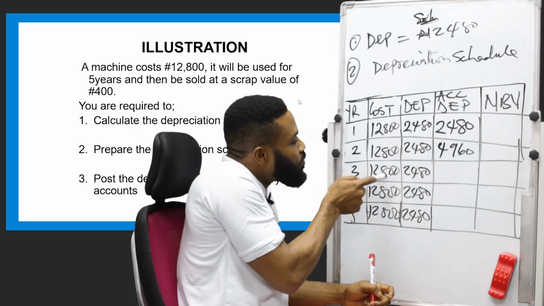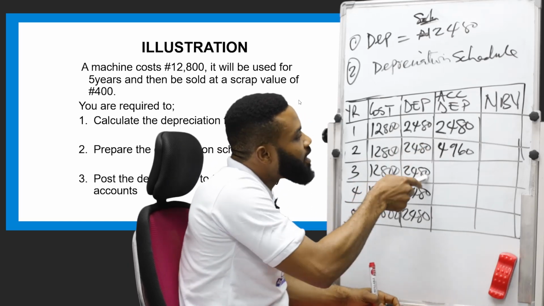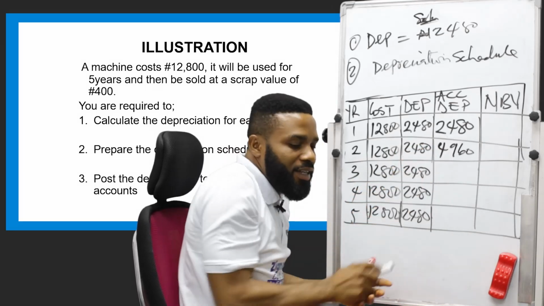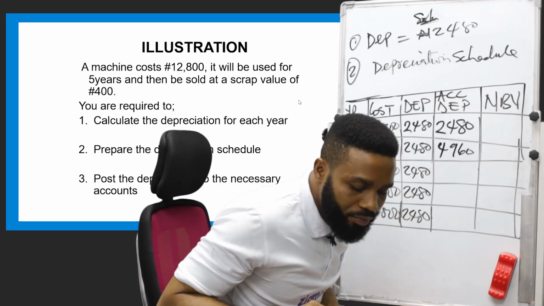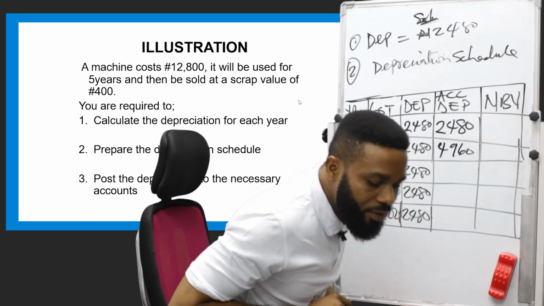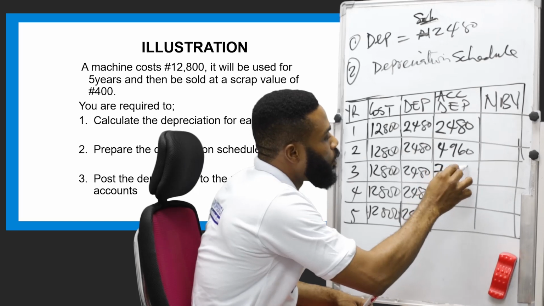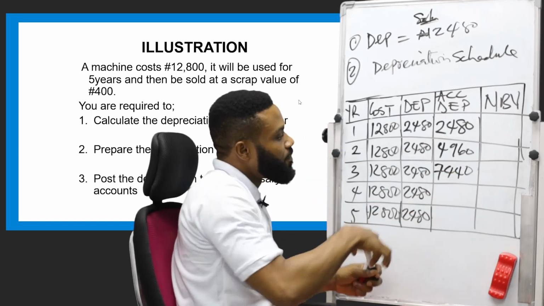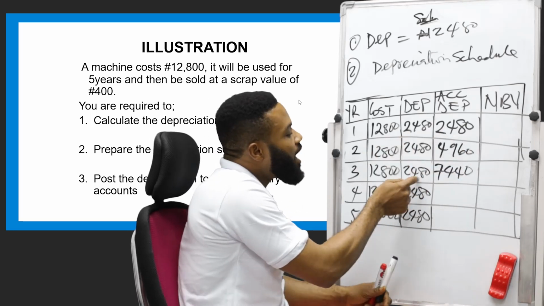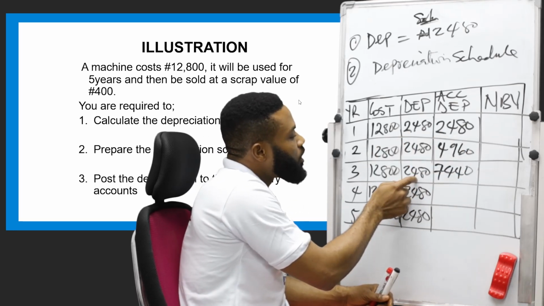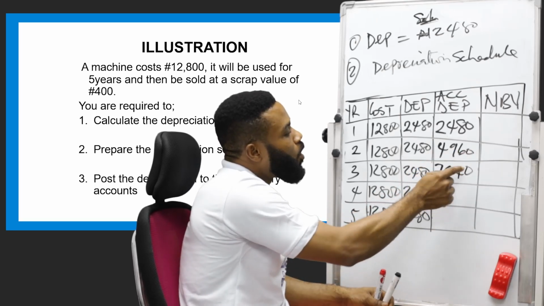And then the accumulated depreciation for the third year is the depreciation for the third year plus this. So you add 2,480 plus 4,960. What is the value? It is 7,440. That's when you add the depreciation of the third year to 4,960.